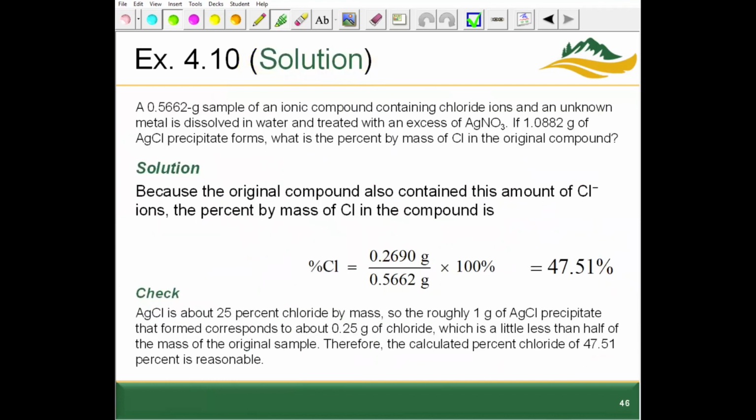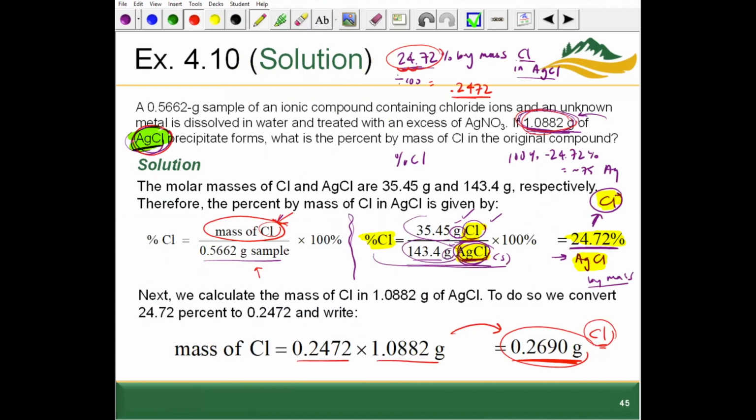So then for our final last connection, we can say this many grams of Cl over the total mass of the compound, then multiplied by 100. I'm just going back, so 0.2690 came from here. Then the total mass of our unknown, 0.5662.